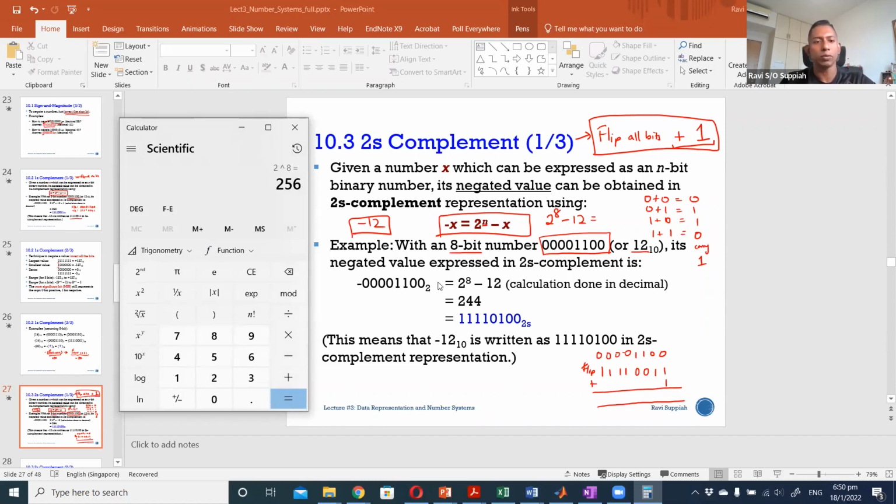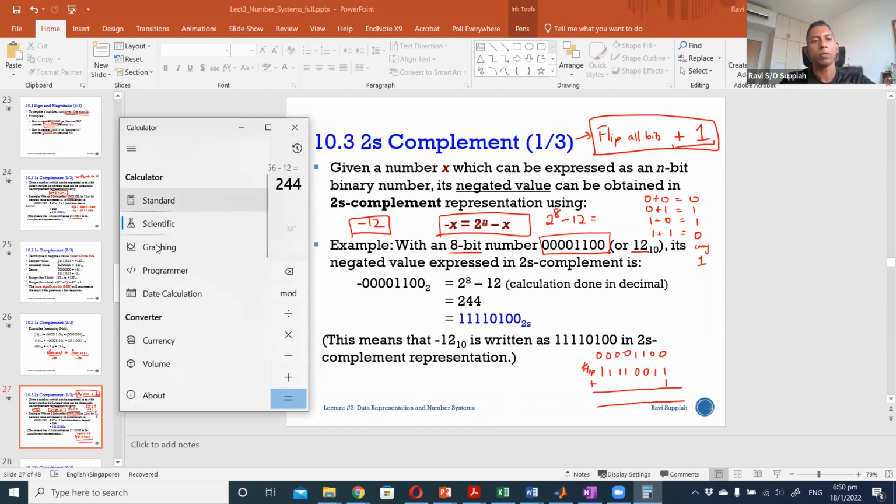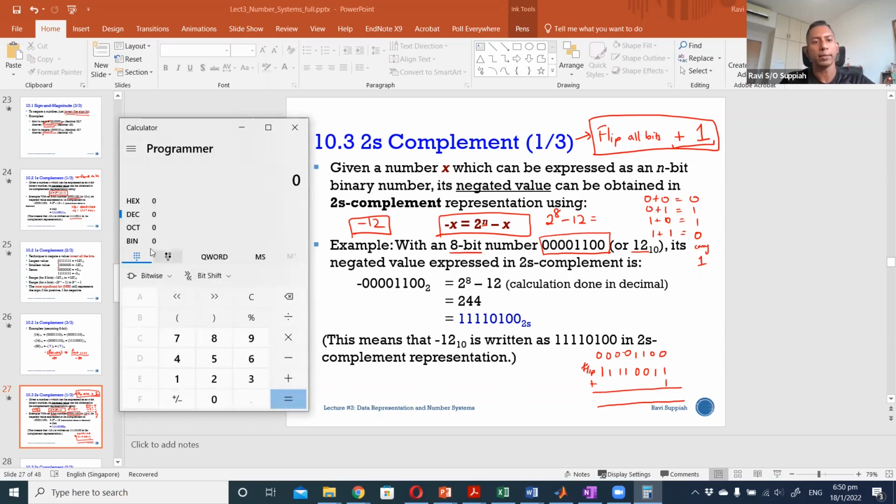So what we have is 256 minus 12, which is 244. So when I compute 2 to the power 8 minus 12, I get 244. Now, if I take 244 and convert it back to binary, I will get this answer, which is the value for negative 12.